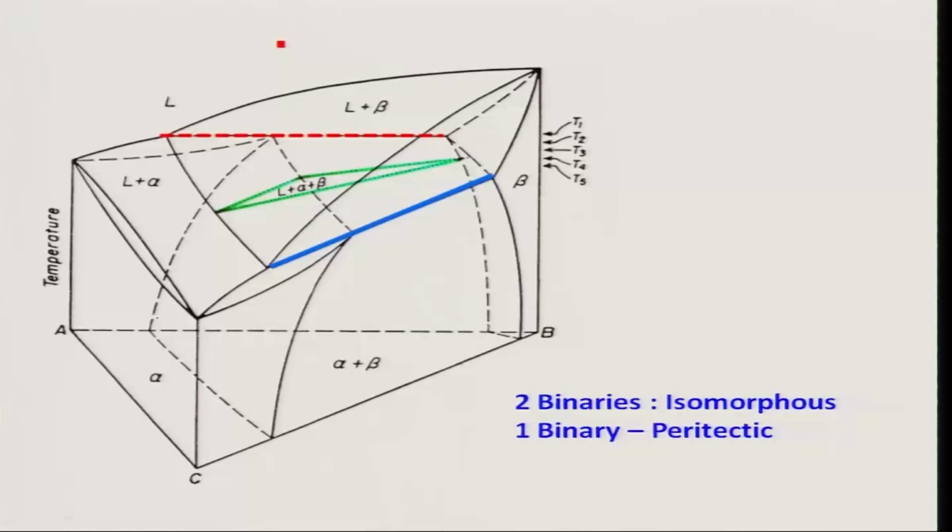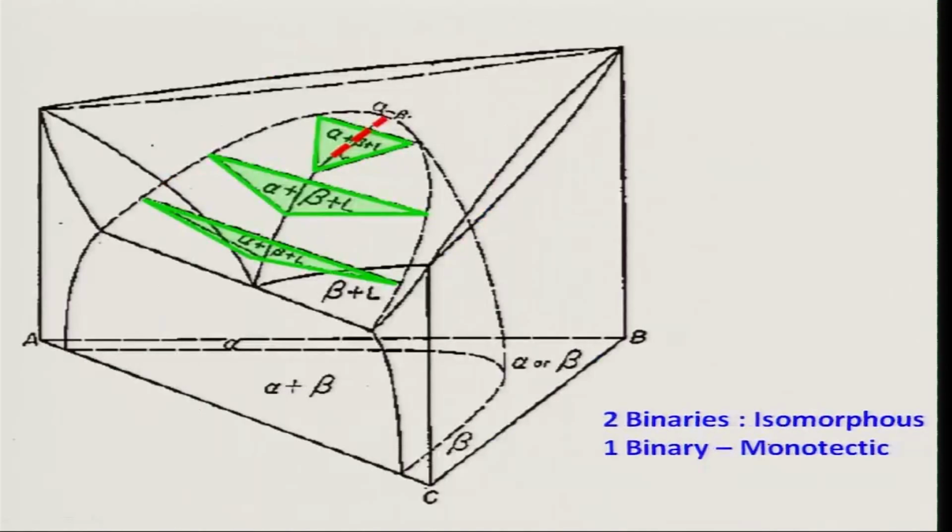You can clearly see 2 binaries AC and BC are isomorphous, but on the other hand the binary between A and B has a peritectic reaction. What is that peritectic reaction? Liquid plus alpha going to beta, correct. So, this is the third situation. Finally, fourth one, you can have 2 binaries as isomorphous and one binary as a monotectic system, correct.